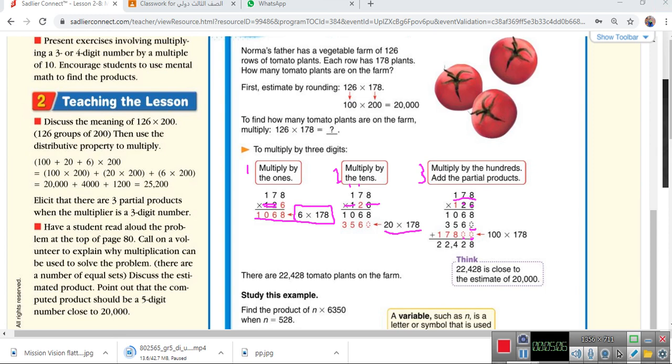So the product here will be the same as the first number because of the identity property of multiplication. When we multiply a number by 1, the answer doesn't change. Okay, so we have 17,800. Now we just have to add them together.